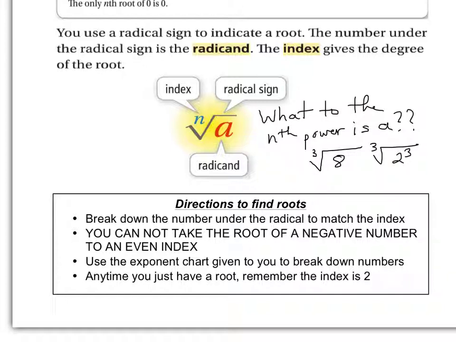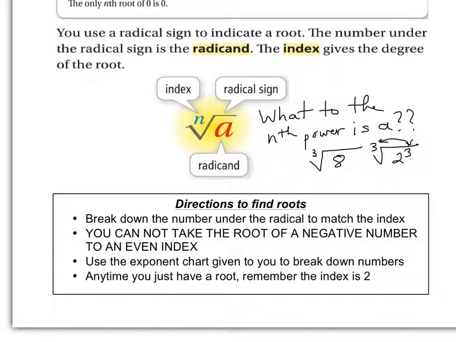You always want your power and your index to either be divisible by each other or at least be the same thing. If they're the same, it's going to be really easy to do. If they're divisible by each other, it's also fairly easy. Another important part: you cannot take the root of a negative number with an even index.